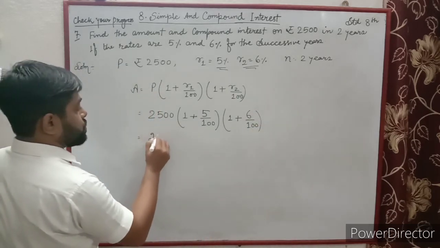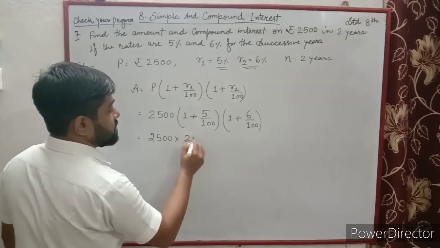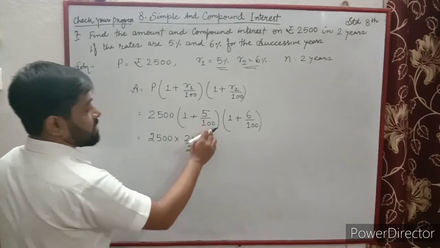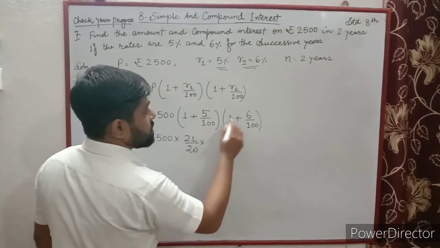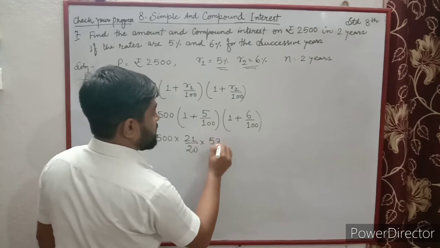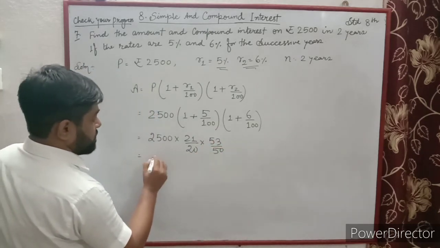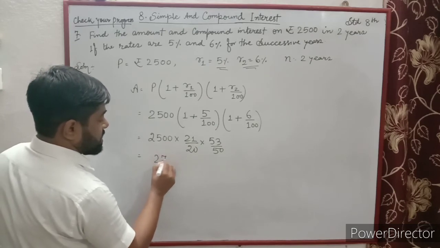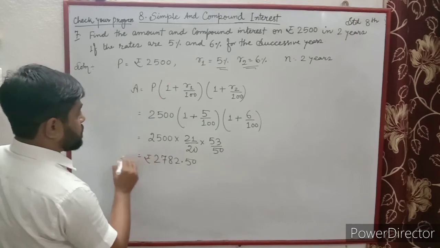Now 2,500 into 21 by 20, into, after calculation, 1 plus 6 by 100, we have 53 by 50. Now we have 2782.50 rupees, that is the amount.